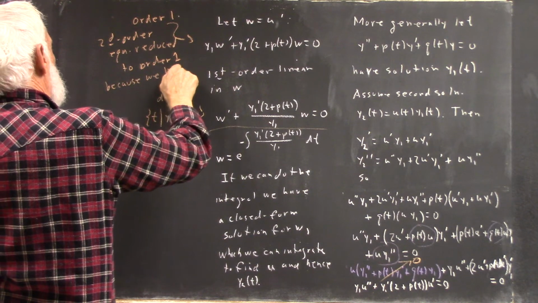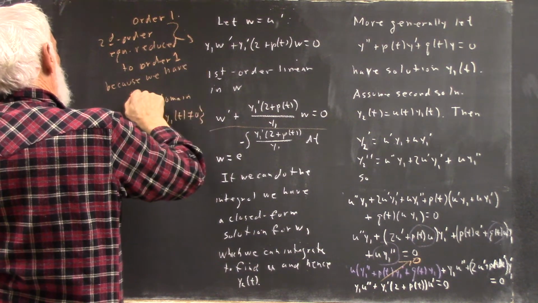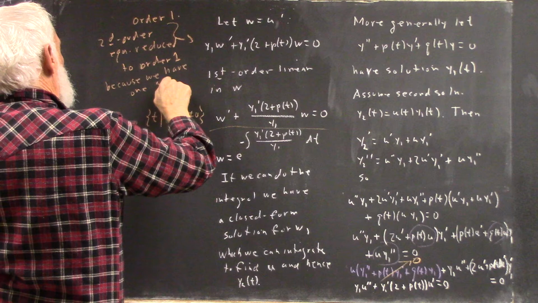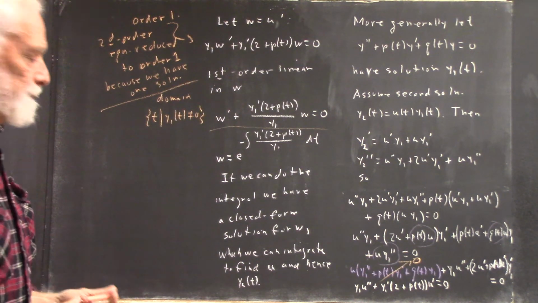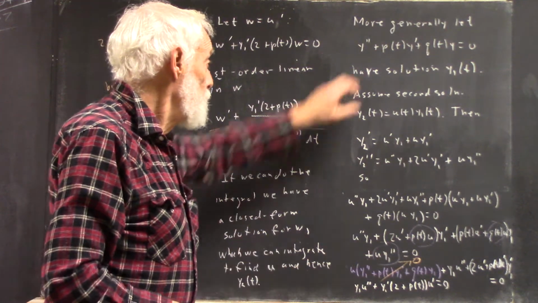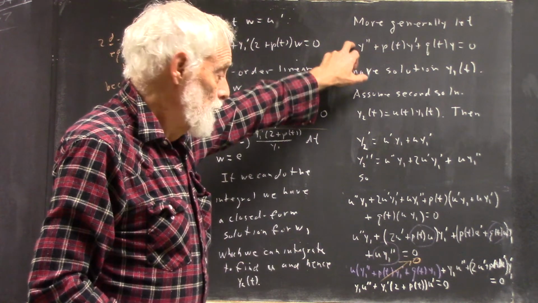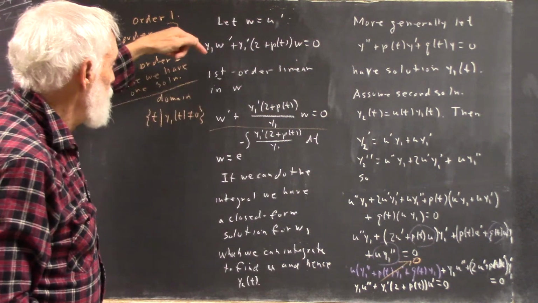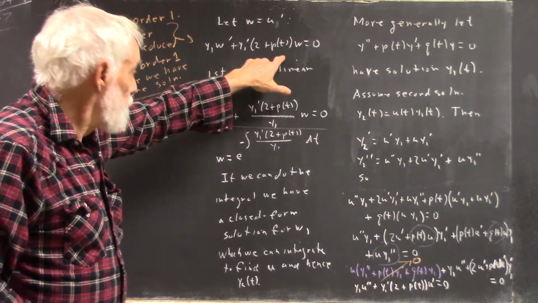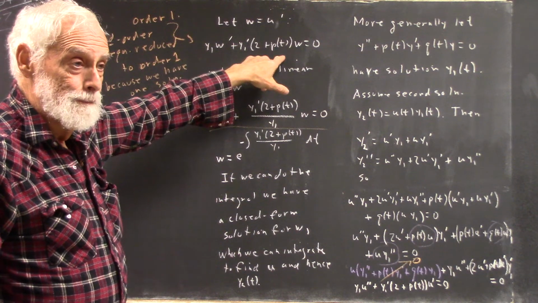And that occurs because we have one solution. Having one solution to this equation allows us by this method to get an equation of reduced order, and then this is the only equation we have to solve.